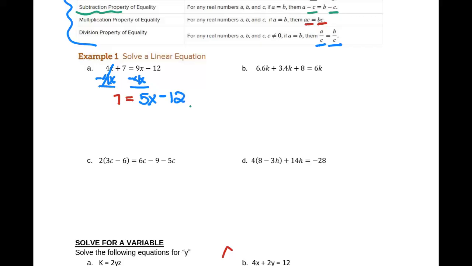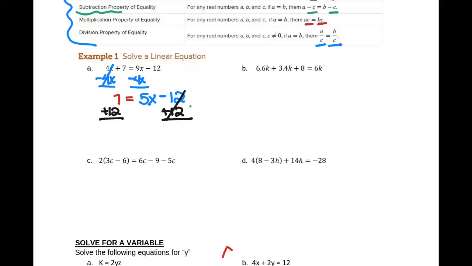So you have an x term on the right with a number and this number 7 on the left. Well, my second step says I need to move x's to one side. My x is over here. We're not going to move it back over here. If anything, we're going to move that minus 12. How do I move it? Add 12. Good. And again, that's the addition property of equality.